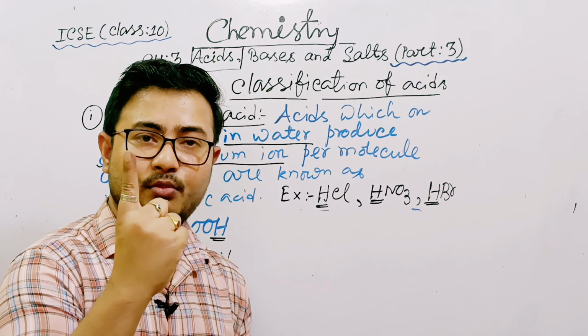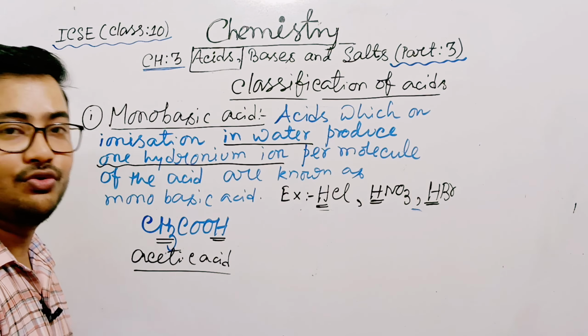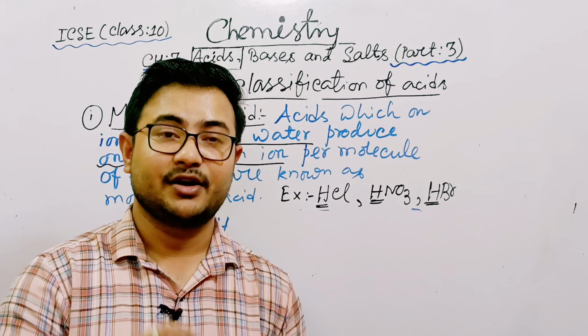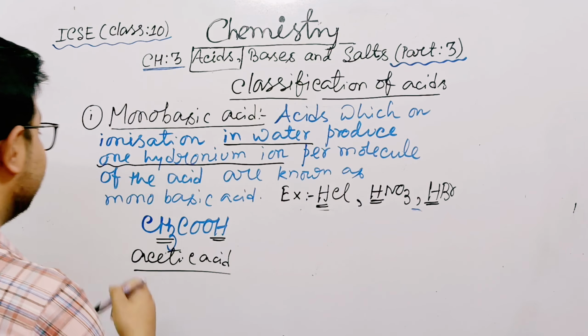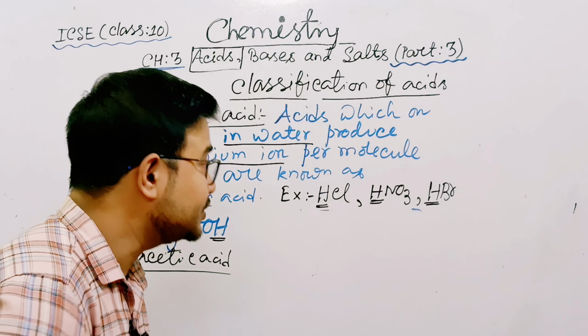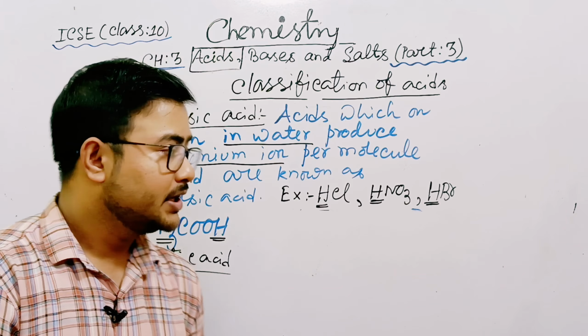Is it a tetrabasic acid? No. The answer is it is a monobasic acid. Why? This exception is important. Give focus. From this we can rectify the concept. What is the rectification?